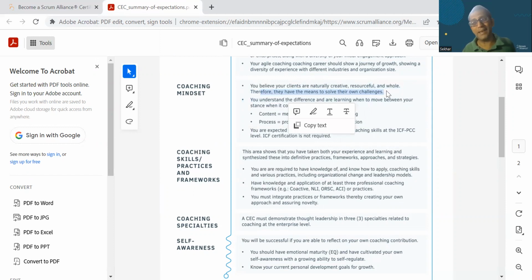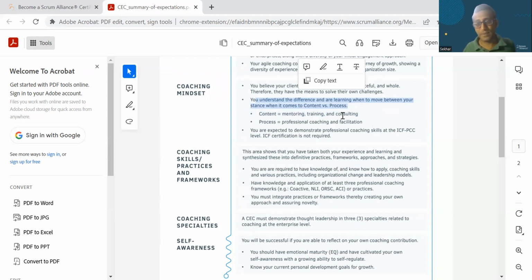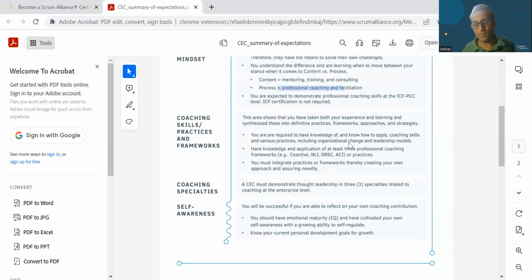So you are only enabling them to solve their own challenges. You understand the difference and are learning when to move between your stance when it comes to content versus process. And what do we mean by content? Mentoring, training, and consulting. And process is professional coaching and facilitation.